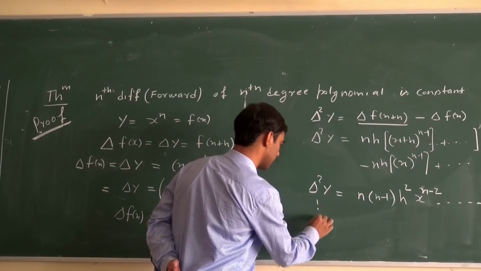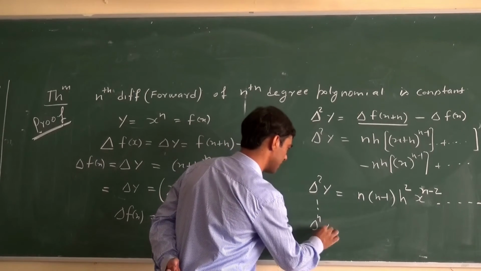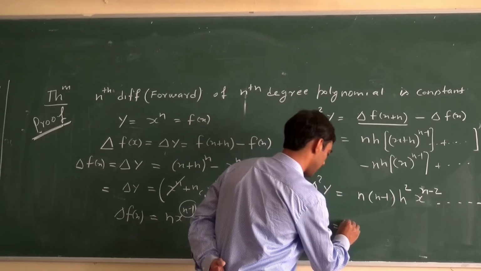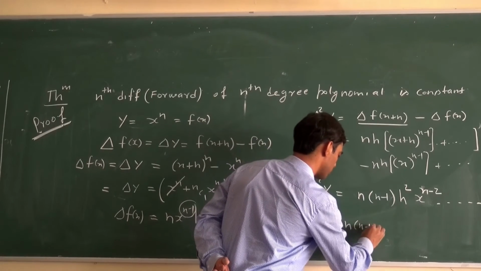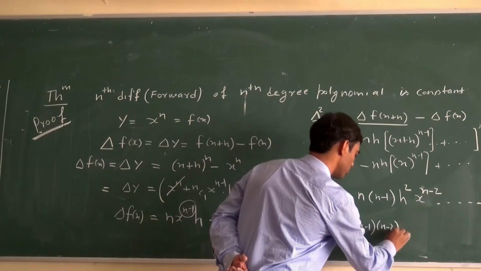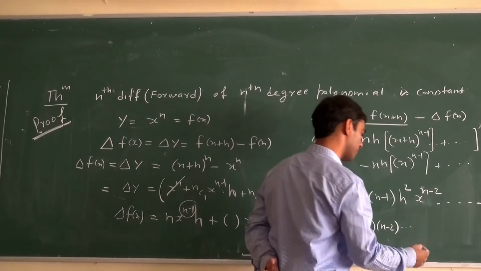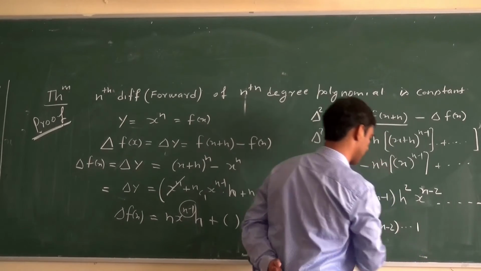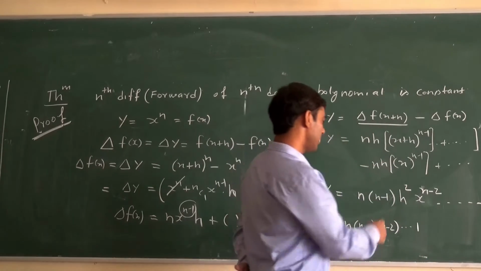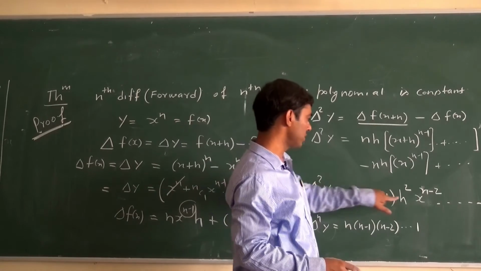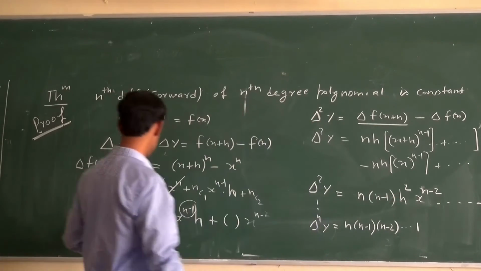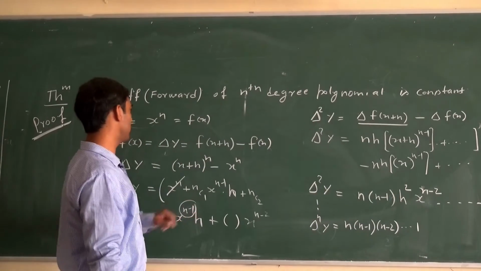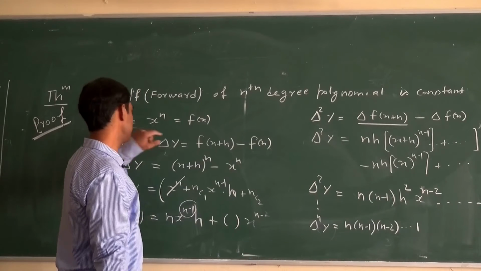The nth difference Δ^n y equals n(n-1)(n-2) up to 1. If this is h², then this is h to power 2; if this is 1, then h to power 1; if this is 0, then power 0.